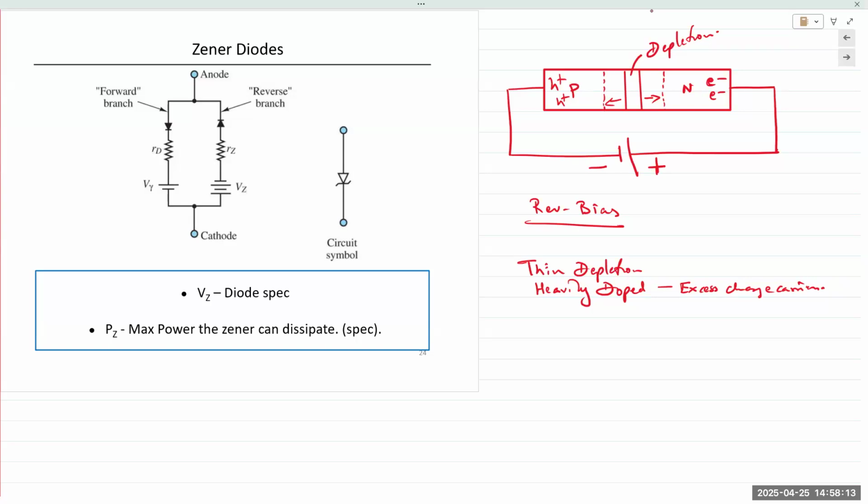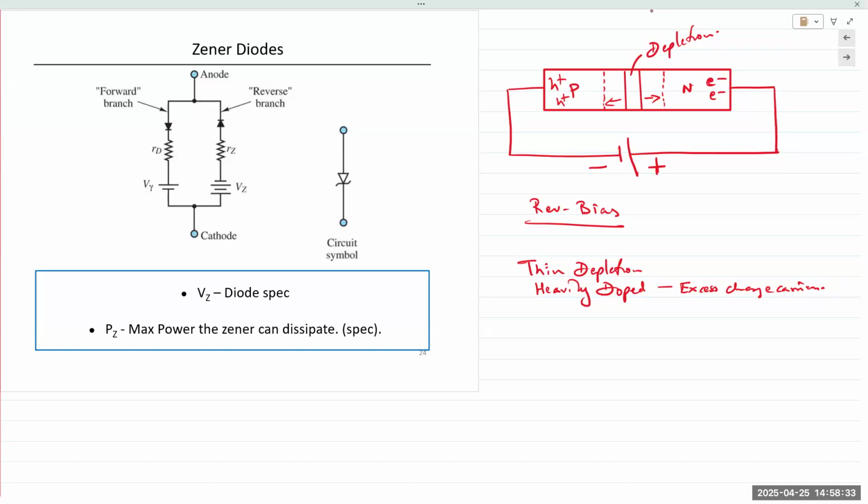So the electrons are almost as if ripped out of their spot in the atom. The electrons acquire enough energy because of the external applied electric field. They move out of their spot, and now you have a free charge carrier that is generated.